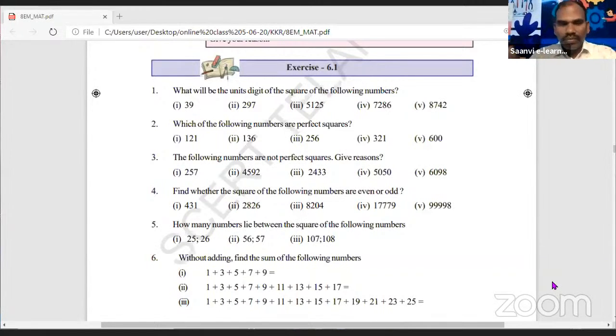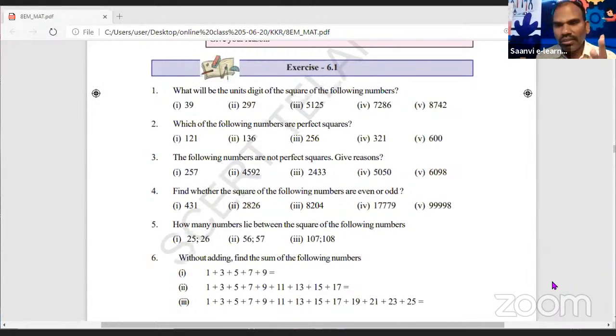See here, you remember this. Perfect square numbers contain unit place 1, 4, 6, 5, and 2 zeros.